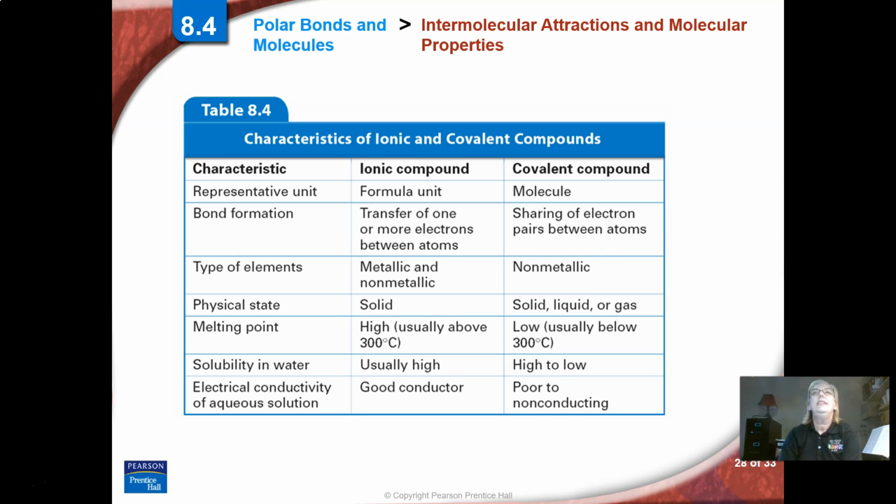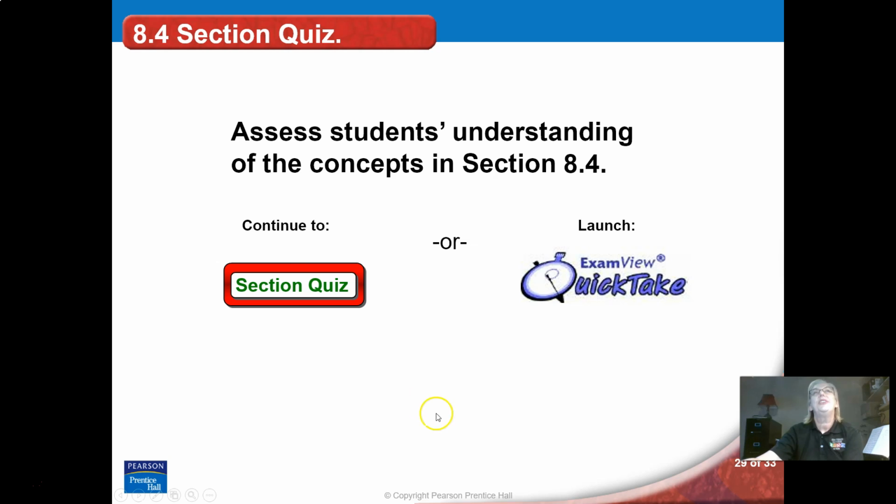And here are just the characteristics of ionic and covalent compounds, just so you have that. This is like a multiple choice question on a test or a final. Like, what's the difference between ionic and covalent for properties? So let's try your quiz.